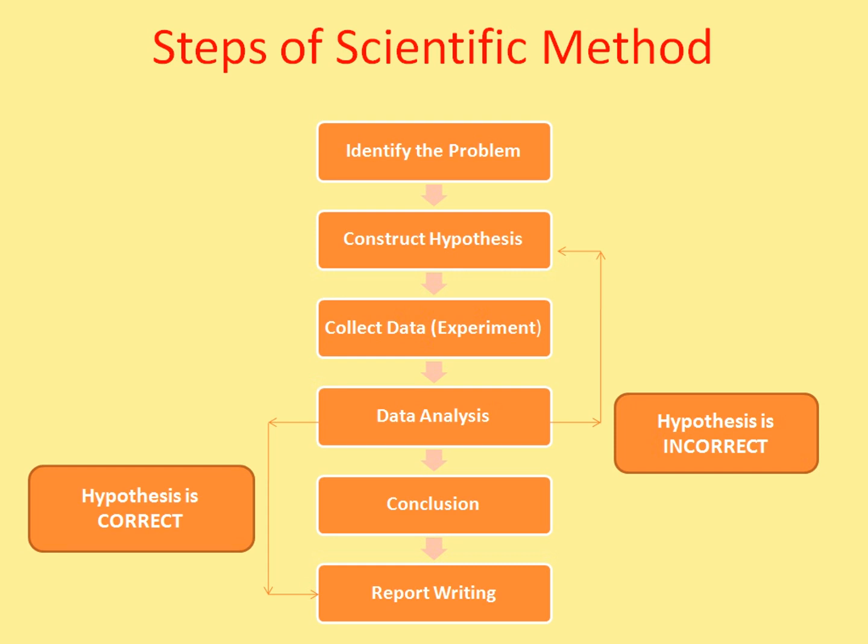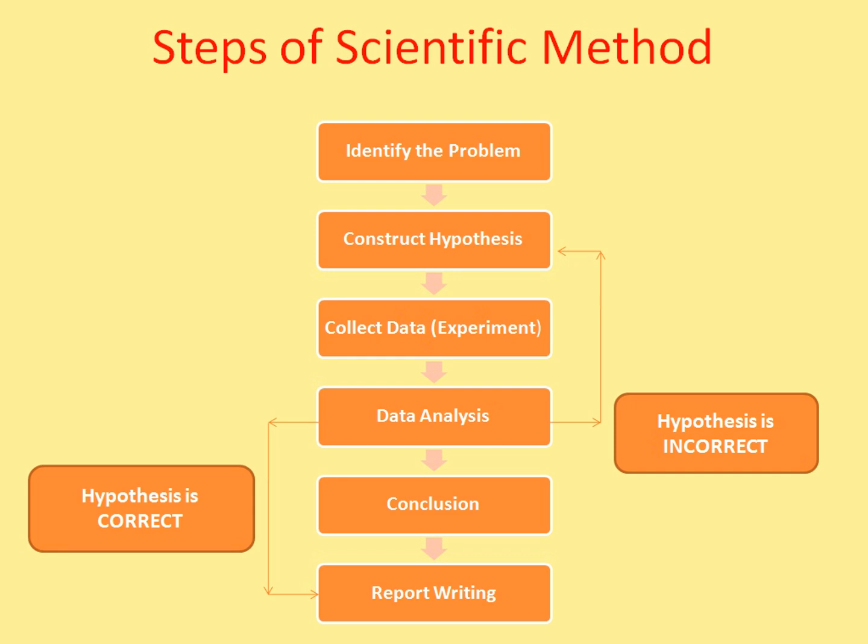And then conclusion. If the observed result is the same as the expected result, then draw the conclusion by accepting the hypothesis. If it is not correct, then refine or modify the hypothesis.